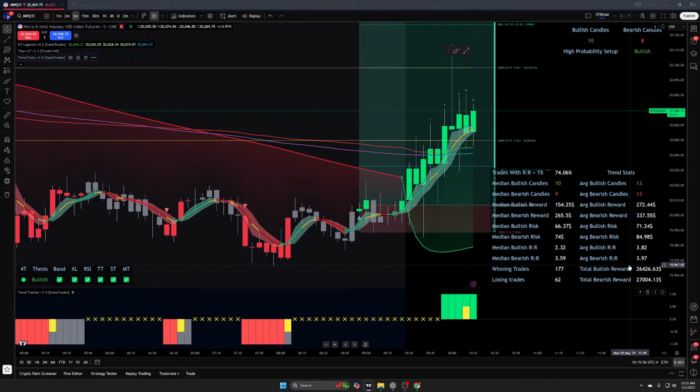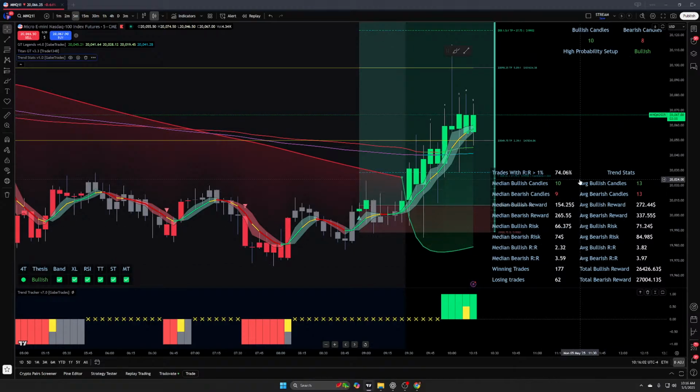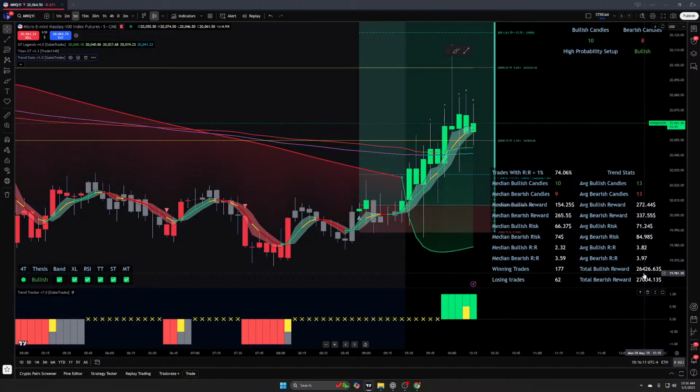So if you want to get rich, I have to show you the numbers and show you the math here. So 74% win rate with MNQ. Hey, that's great. $26,000 one way bullish, $27,000. So you're about $53,000 since January on one MNQ. Not bad.